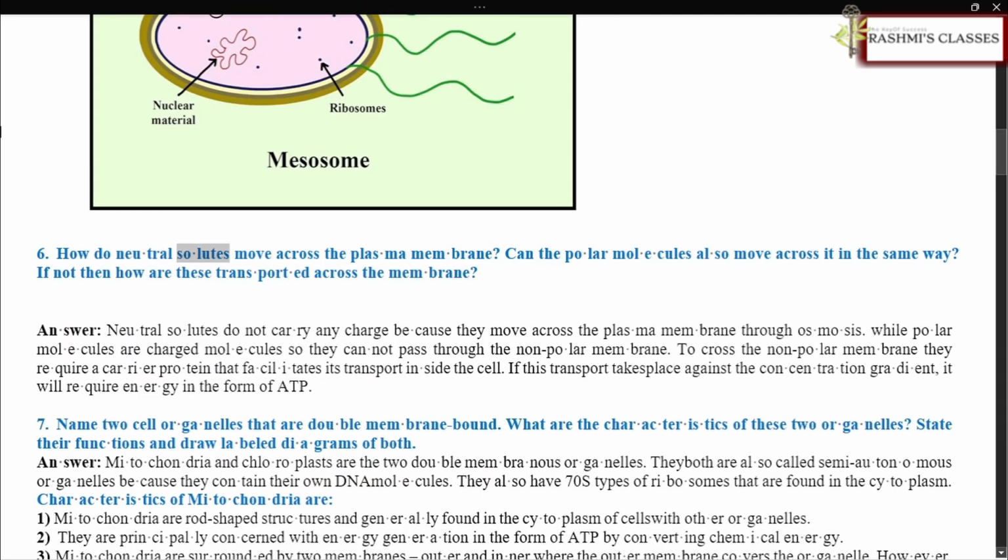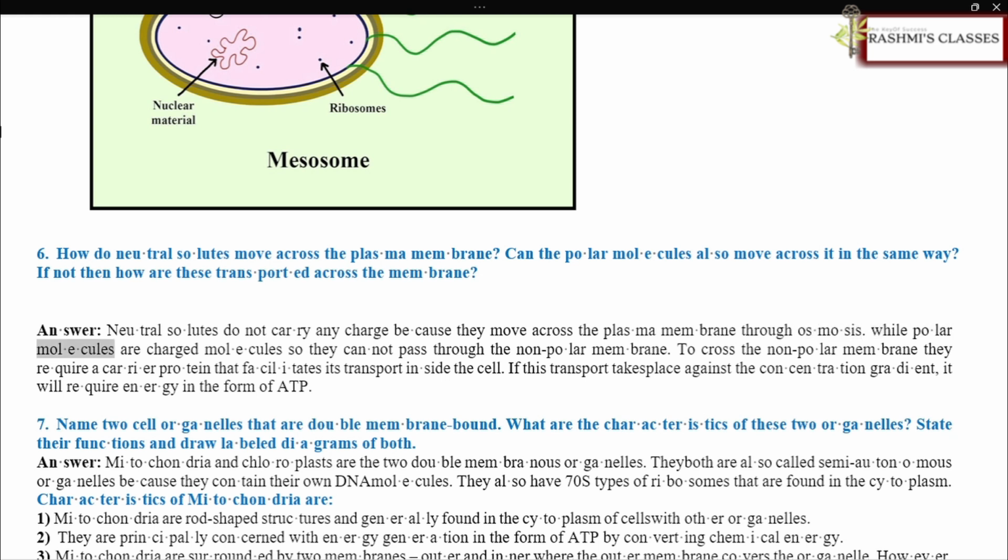How do neutral solutes move across the plasma membrane? Can the polar molecules also move across it in the same way? If not, then how are these transported across the membrane? Answer: neutral solutes do not carry any charge, so they move across the plasma membrane through simple diffusion.